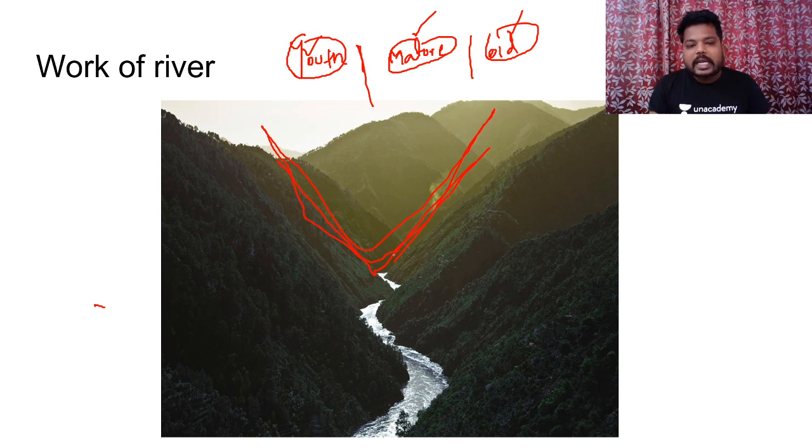So it is an initial landform which the river creates. Rivers generally move in valley-like structures, and we may observe V-shaped valleys, or U-shaped valleys, which we generally call a gorge, and we can see canyon-like structures which develop.